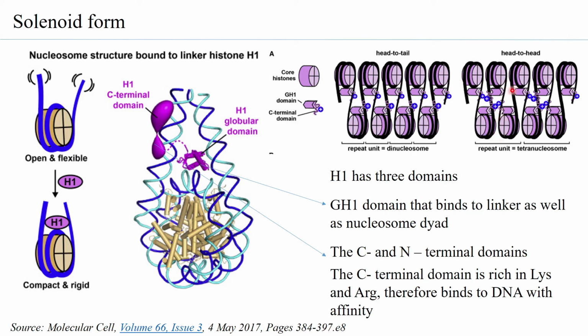And so what you observe is a tetranucleosome being repeated. So you can either have a dinucleosome repeat or you can have a tetranucleosome repeat, depending on whether the histones are linking with each other head to tail or head to head. Okay, so that is another interesting facet associated with the solenoid form.